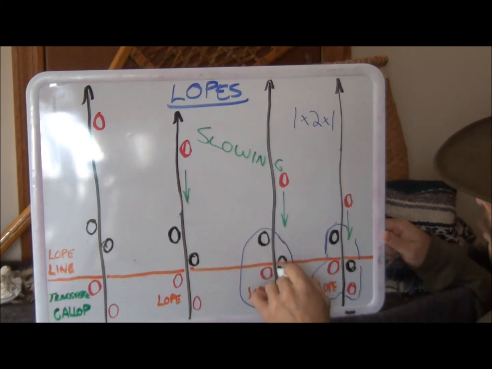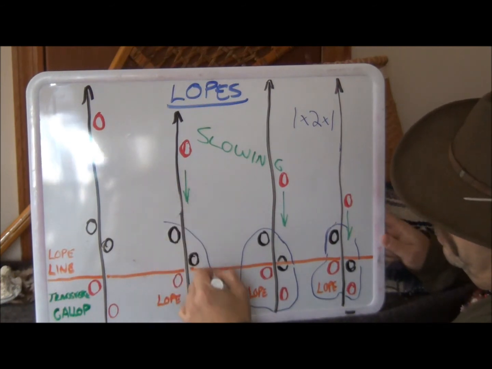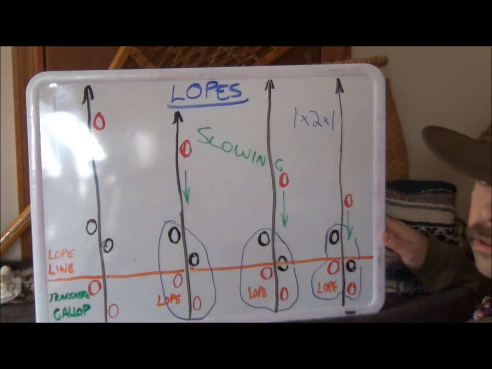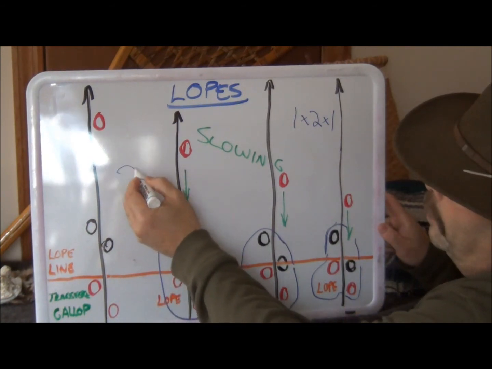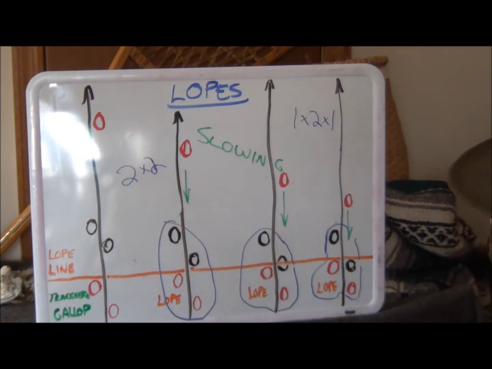Just remembering that this foot is still moving forward till we get to here. This lope right here is known as a 2 by 2 lope. It's still a gallop. These are all gallops. They're just slower gallops. That's the full-blown gallop.